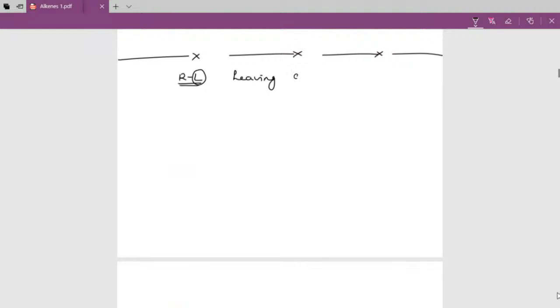L is the leaving group, which in technical terms is called nucleofuge. So let us take that I have an alkyl halide, say like this. I want to remove this H.